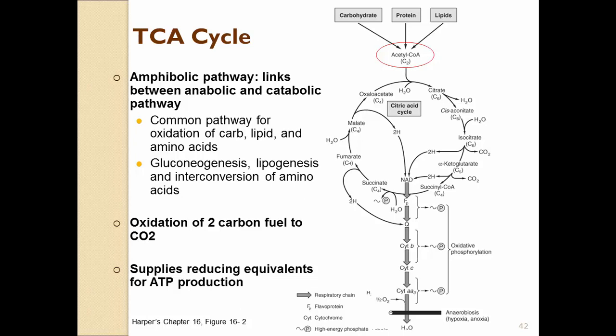Then this NADH and FADH will enter oxidative phosphorylation, your electron transport chain, for conversion of energy to ATP, right? So the TCA cycle is very important.